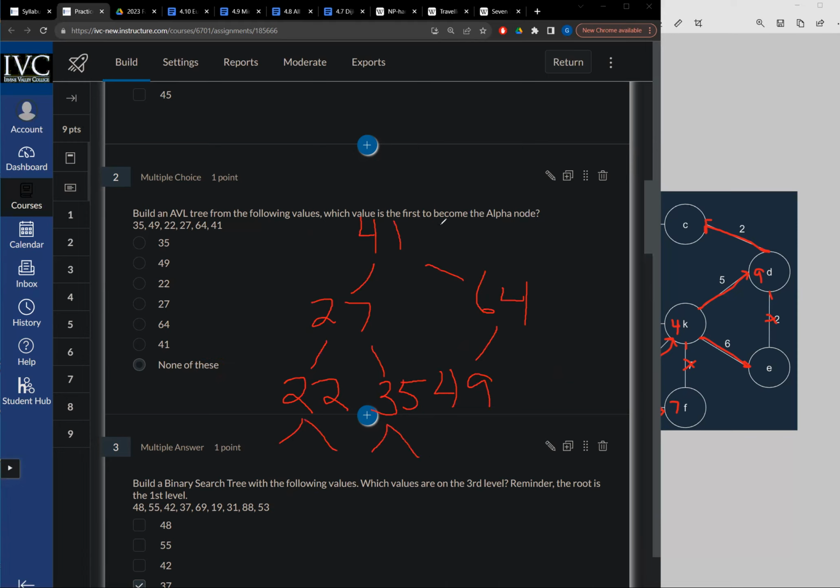Doesn't much matter. 41 will become alpha node if we add someone down here. If instead of adding somewhere down there, we add to someone down here, 64 would become the alpha node. Because we got it out of balance, we require either a single rotation or a double rotation.